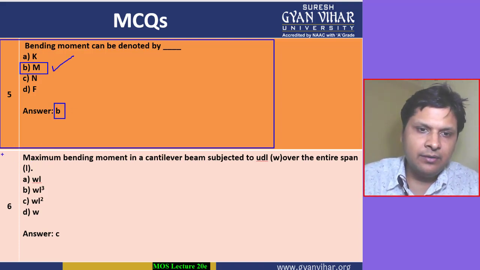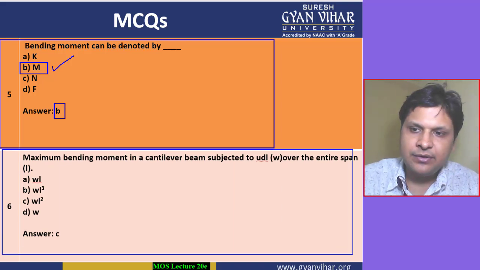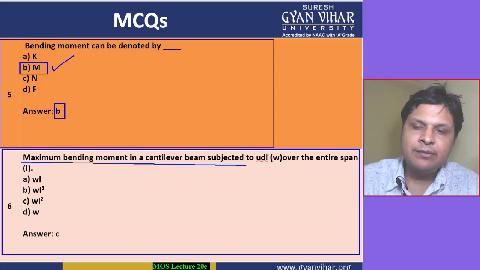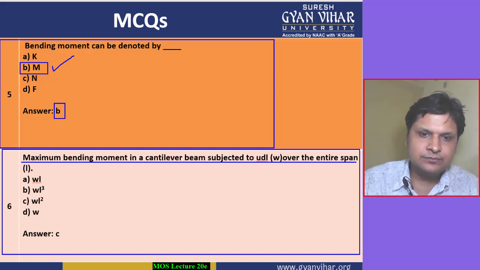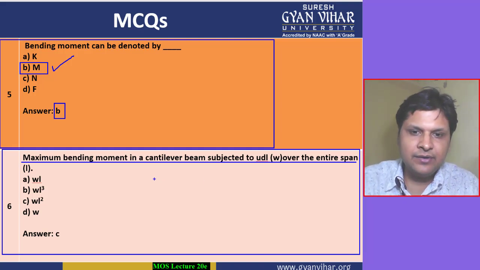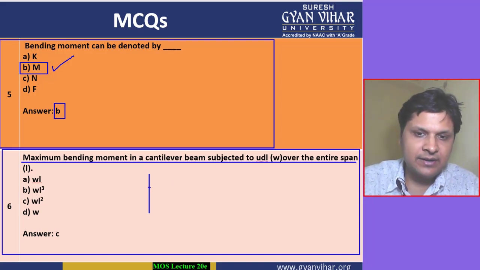Moving into multiple choice question number 6. What is the question saying? The maximum bending moment in a cantilever beam subjected to UDL over the entire span. Again, what will be the value of bending moment if a cantilever is subjected to UDL over the entire length?